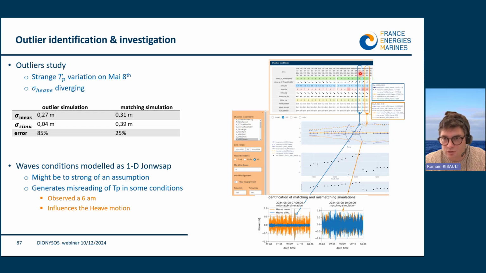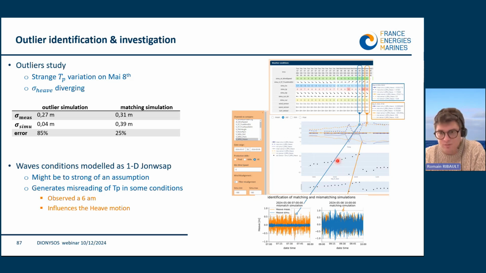So at 7 o'clock, you can see there is a mismatch, while at 9 o'clock, you can see there is a good match. And when you observe the peak period, you can see there is a strange behavior of the waves, when the waves are switching between 12 seconds to 6 and then 13.